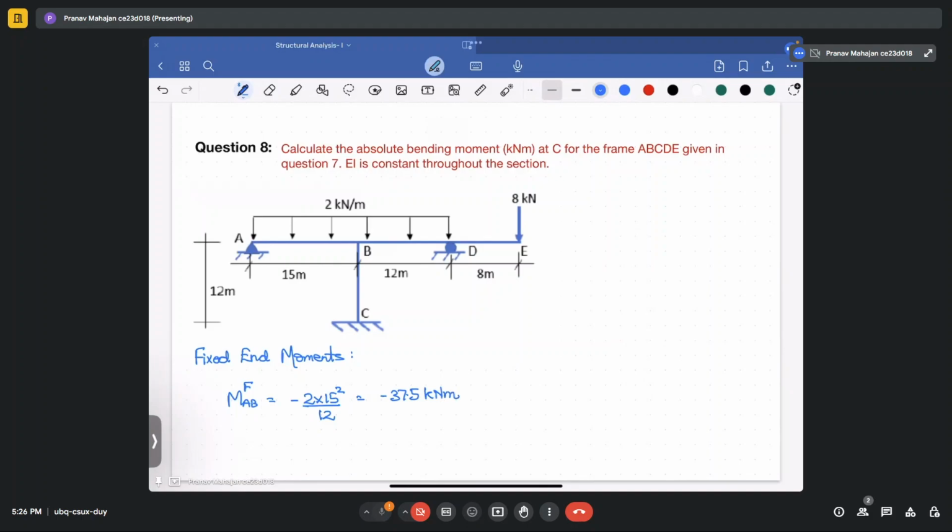Okay, and this value is equal to minus MBA F. Now next is for span BD.